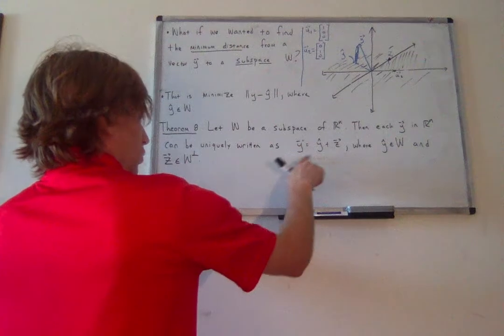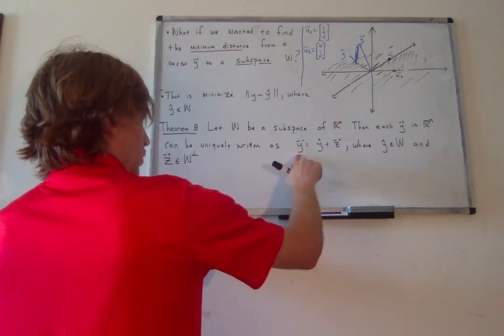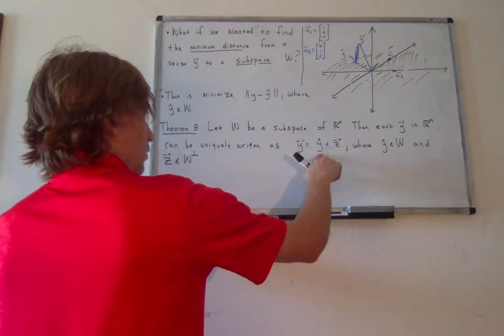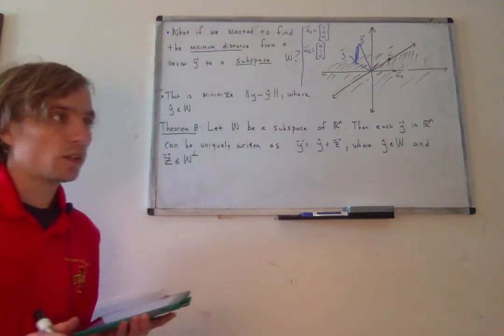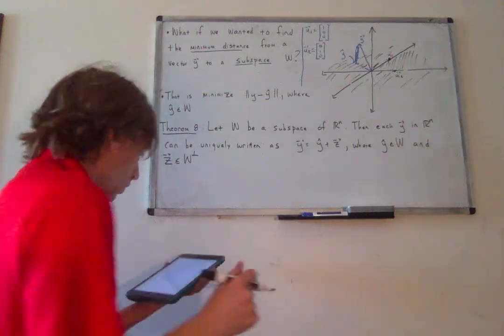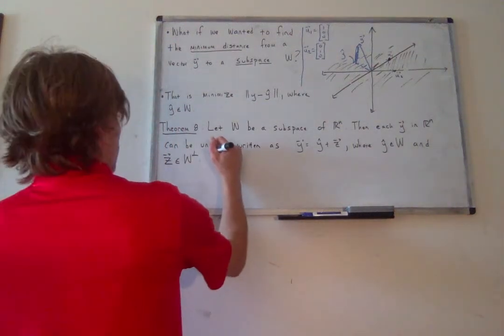But not only that, we know that we have this unique representation of y as a vector in W plus a vector orthogonal to W. We actually also know how to calculate y hat.